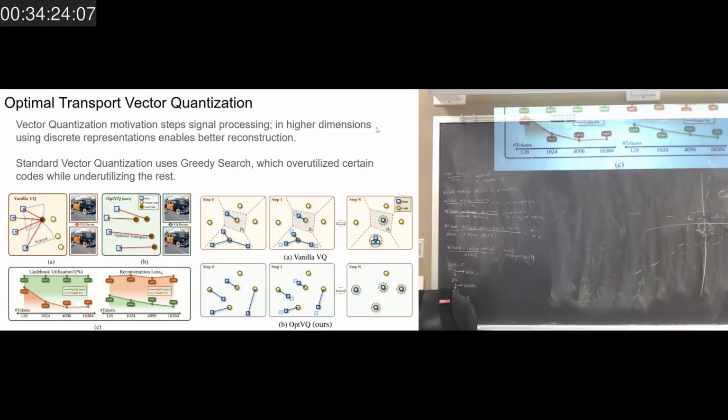I kind of drew this out again, but it's the same thing happening, where instead of bucketing, every single code is assigned a specific token, and the consequence of that is that the entirety of the code book is utilized, even when you have 16,000 tokens. So you basically recover a lot of reconstruction error, because before you were only using a very small percentage of the tokens.